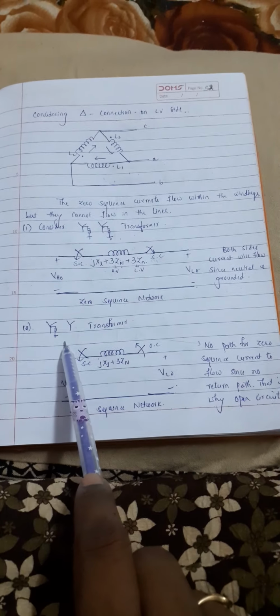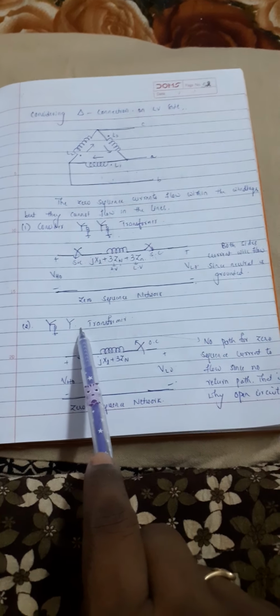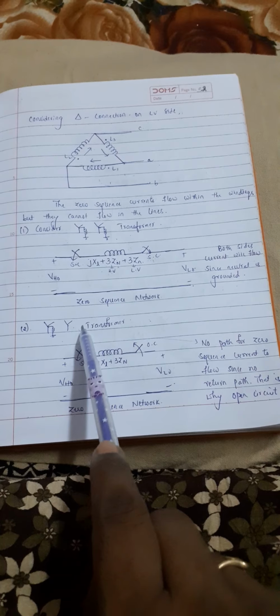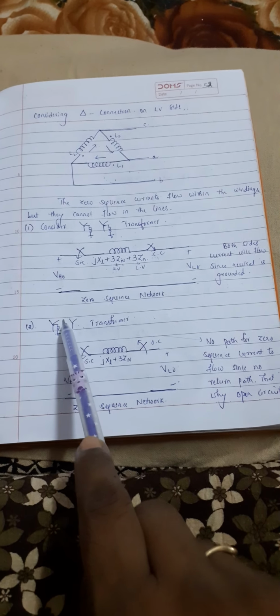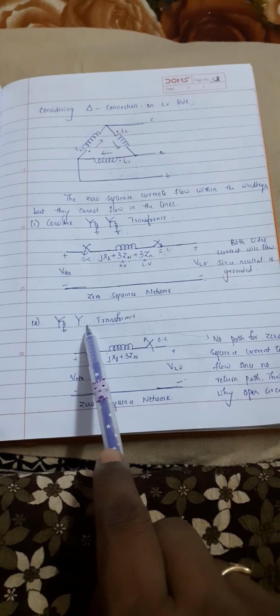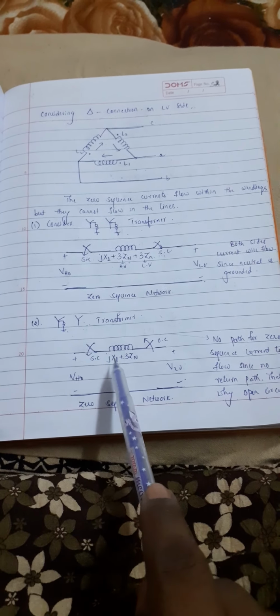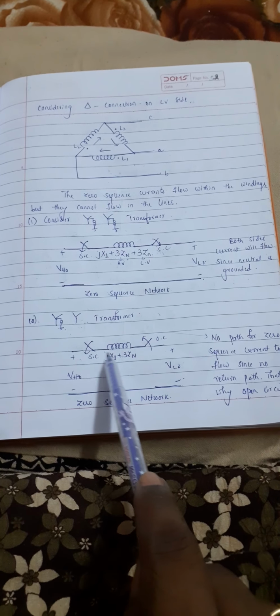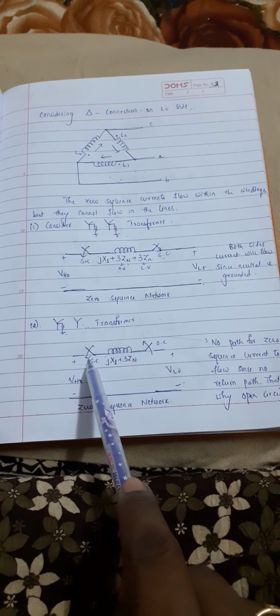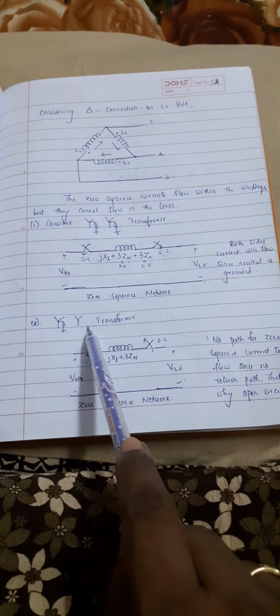Now coming to the next case, star with neutral grounded to star transformer. That means on the lower voltage side the transformer neutral is not grounded. Since the high voltage side is neutral grounded, there is a path for the current to flow. That's why on the high voltage side it is short circuited. But on the low voltage side the neutral is not grounded.